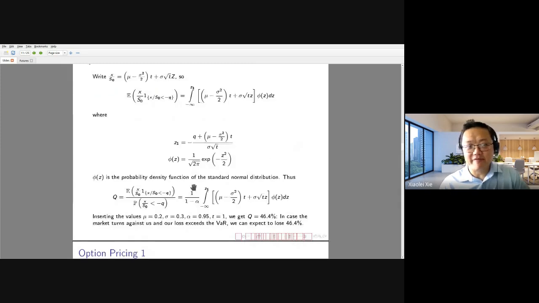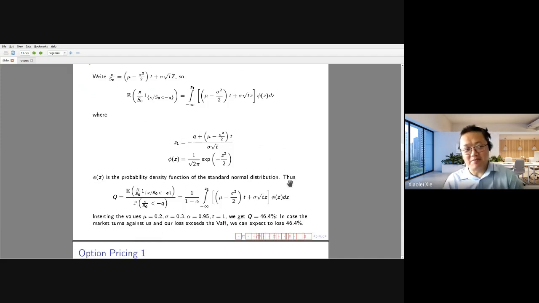After a bit of calculation, we will find out that this expected shortfall with those model parameters, the drift of the stock being 20% and the volatility of 30%, is 46.4% in a time period of 1 year.